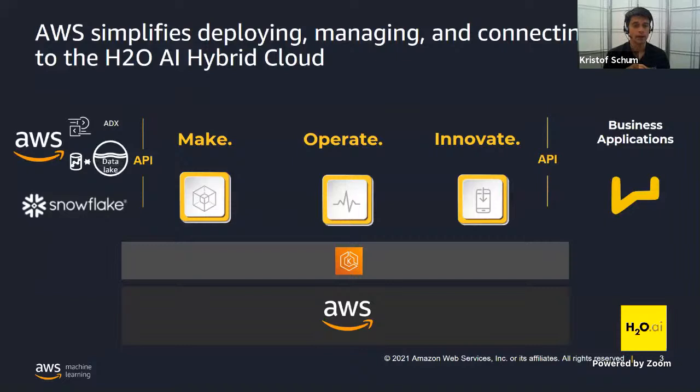And with AWS's data lake and lakehouse architecture, which I will expand on, customers can build a modern data architecture that they can tap into with H2O, as well as ADX, the AWS Data Exchange, where if they need additional accuracy, they can reach out and enrich the data on which they train their models.